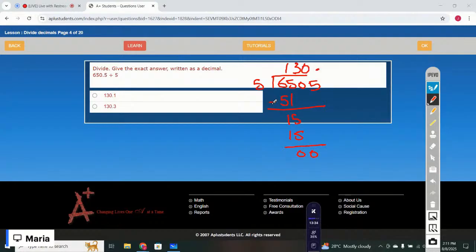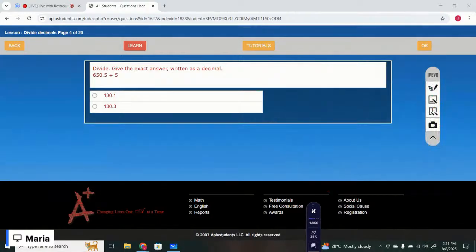Now put a decimal point. Bring 5 down. 5 times 1 is 5. Take away 5 is 0. That is 130.1. Option number 1 is the correct option.